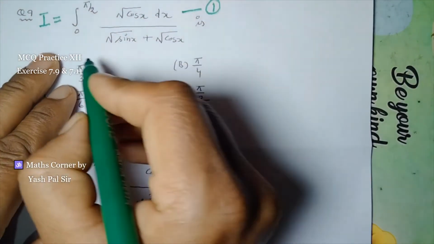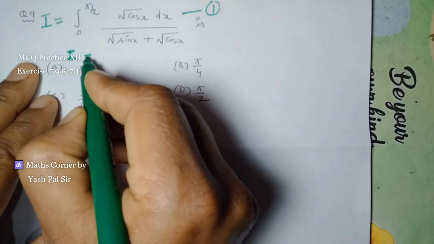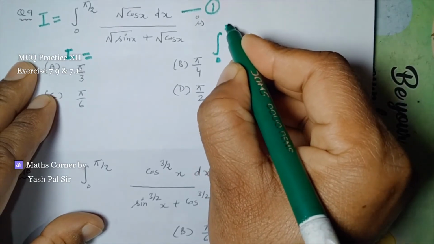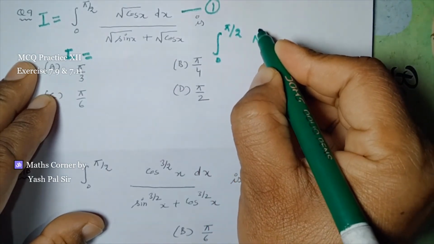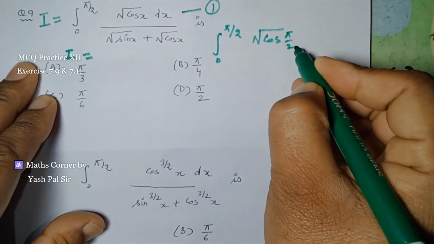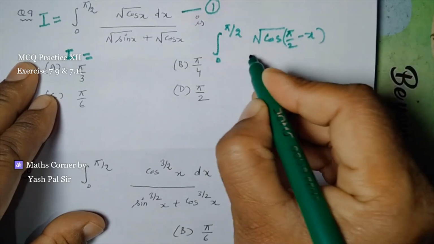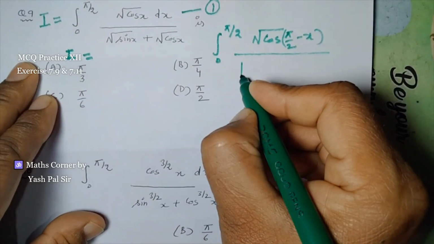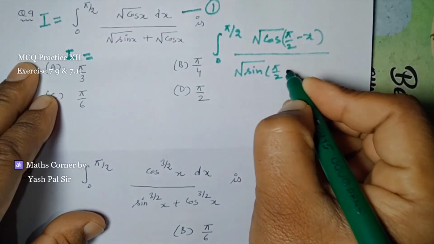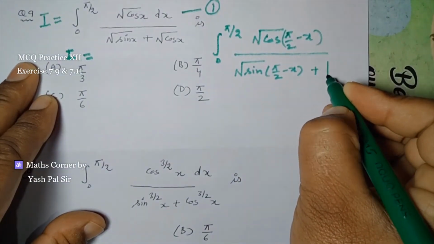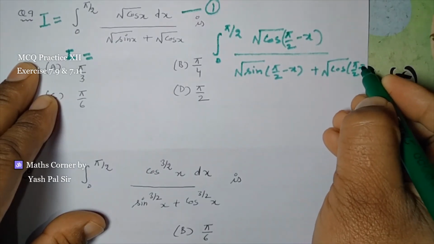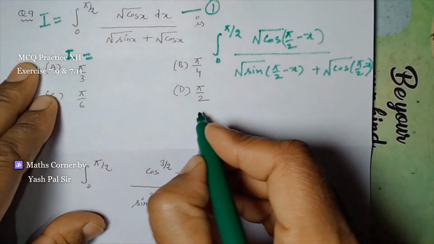So this becomes I is equal to integration 0 to pi by 2 of square root of cos of pi by 2 minus x. In the denominator also, this is square root of sine of pi by 2 minus x plus square root of cos of pi by 2 minus x.